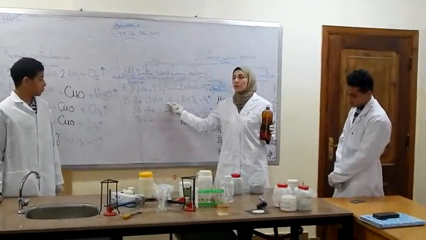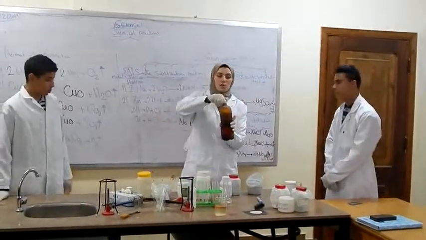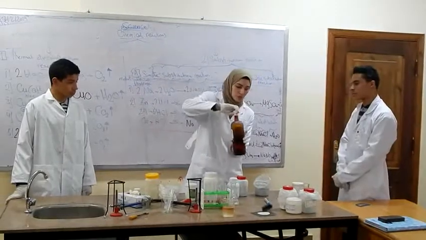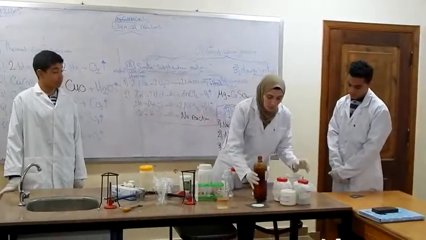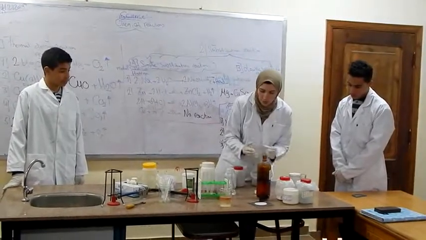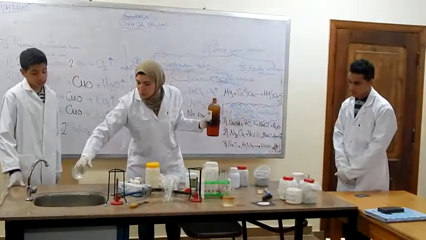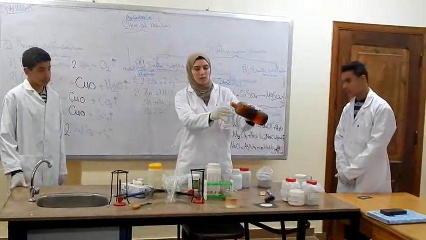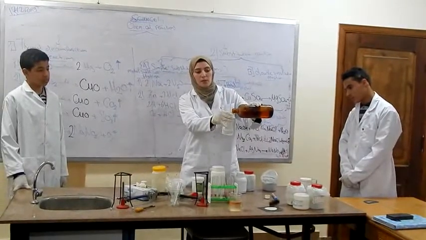Hydrochloric acid must be diluted. We have concentrated hydrochloric acid, so we must make a dilution process. Dilution means add some water. Add acid to water. This process is known as the dilution process.